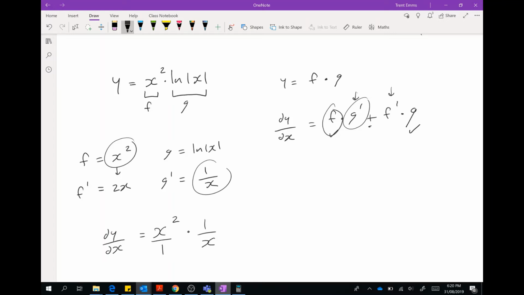We've got a plus, f dash is 2x, and g is ln of x.